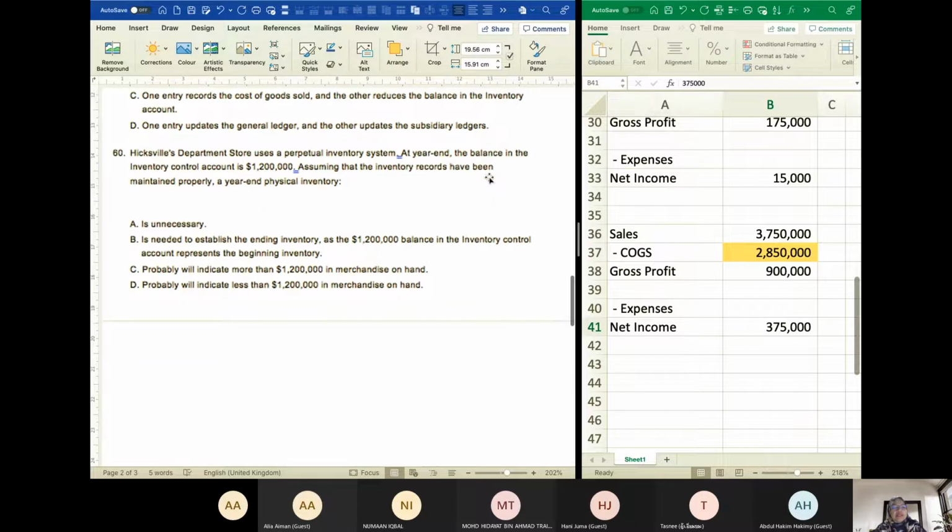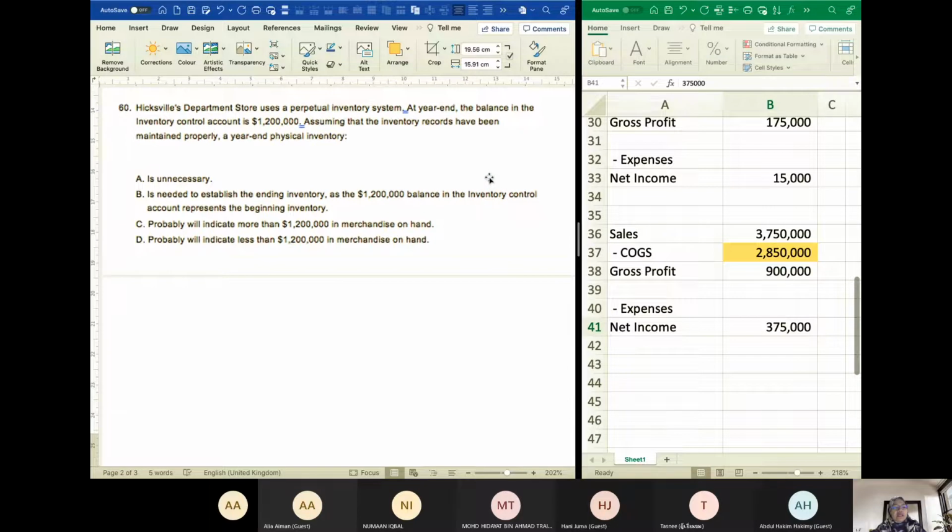And number 60, Hicksville department store uses a perpetual inventory system. At year end, the balance in the inventory control account is 1.2 million. Assuming that the inventory records have been maintained properly, a year-end physical inventory, A, is unnecessary. B, is needed to establish the ending inventory as 1.2 million.